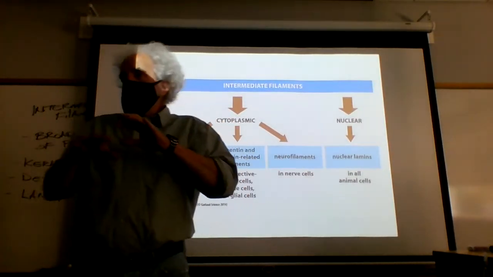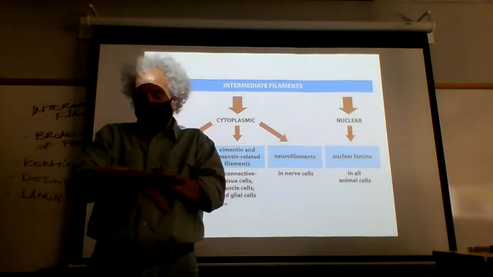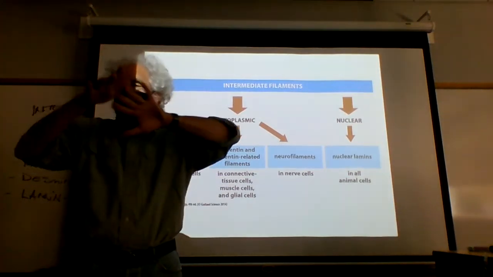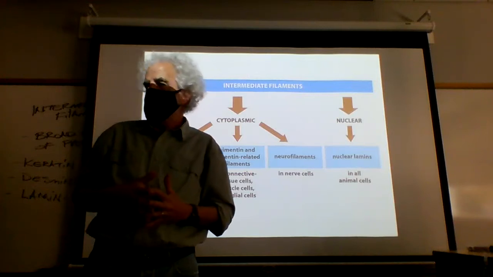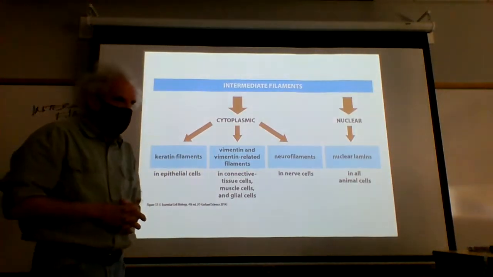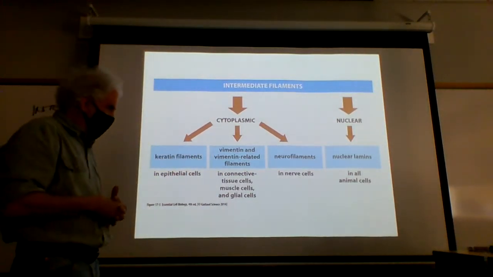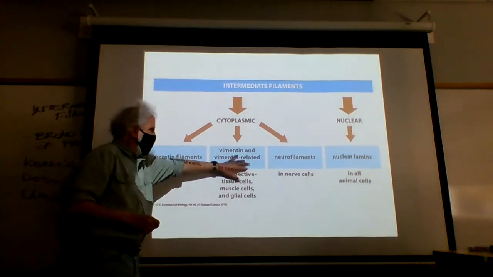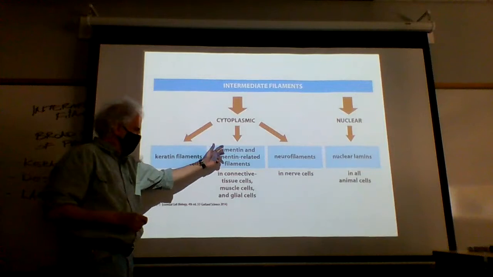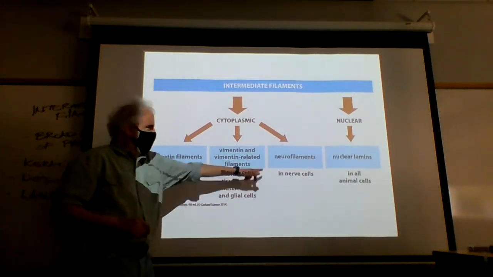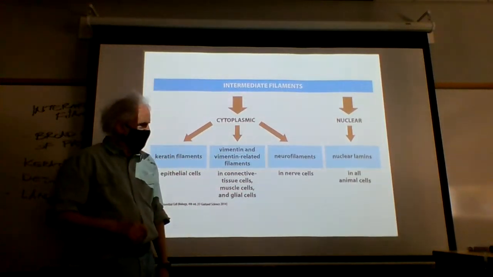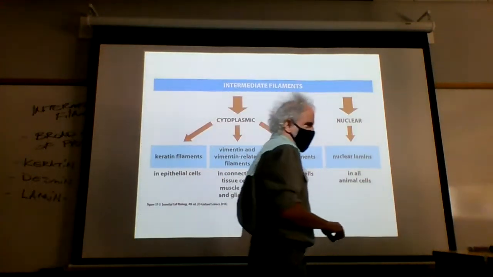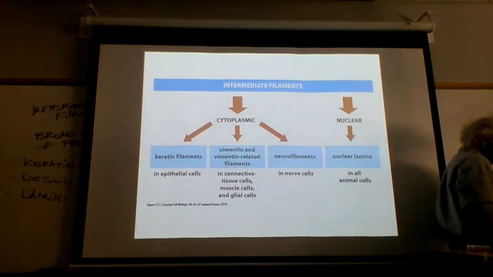And keratin is deposited in epithelial cells at a really high level. They're able to even further cross-link, and this is part of what gives your epithelial cells such tough structure. There is another class, desmin, which is in connective tissue. Neurofilaments are found in nerve cells, as the name implies. Nuclear lamins are found in all animal cells, underlying the nuclear envelope.